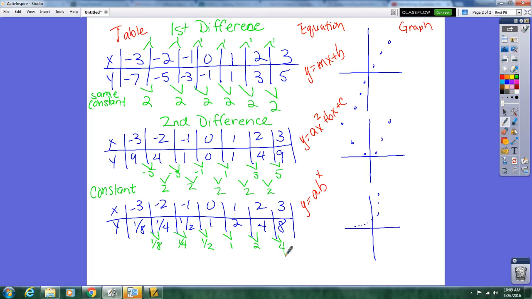What do you notice on those green numbers compared to the blue numbers? There's 1/4, 1/2, 1, 2, 4. Yeah, they do, which is kind of a hint.